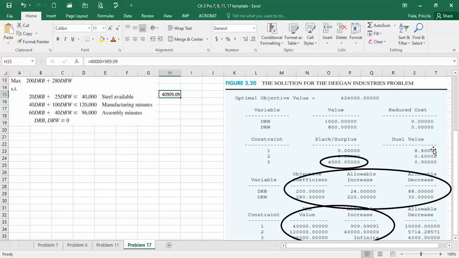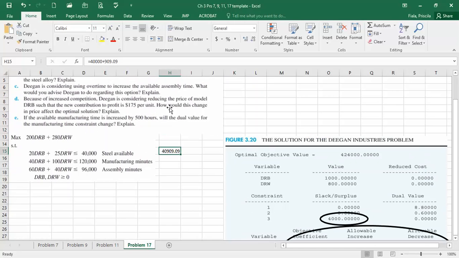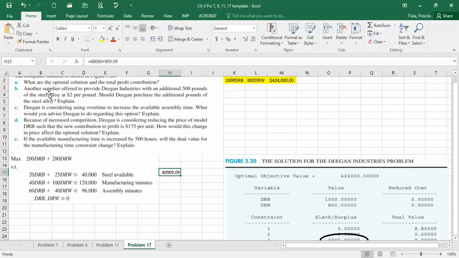Well, your dual value for your constraint number one is $8.80. If you do accept 500 pounds at $2 per pound, think about it. At one additional unit, you're going to make an extra 8.80.